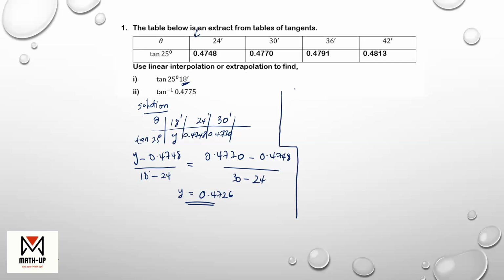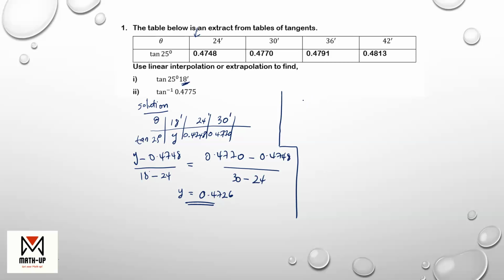Then next, we're going to find the arctan of 0.4775. In doing that, they're literally asking us for the angle that gives 0.4775 as a tangent. So I have to locate where 0.4775 lies, and it lies between 30 minutes and 36.